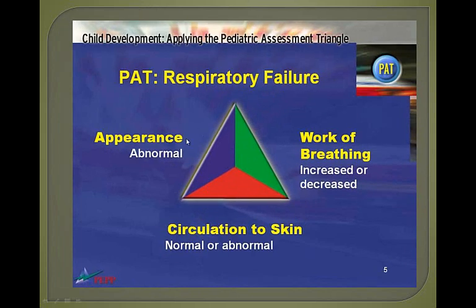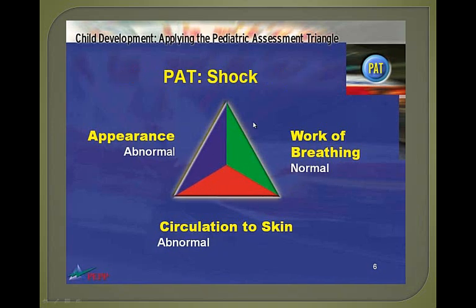Respiratory failure, you have abnormal appearance, normal or abnormal circulation, and an increased or decreased work of breathing. It's important to remember, in respiratory failure, the patient may have progressed to the point where they're not having an increased work of breathing anymore, they're having a decreased work of breathing. There's barely any respirations at all. Shock. You have the appearance of being abnormal, circulation to the skin is abnormal, but you may have a normal work of breathing.